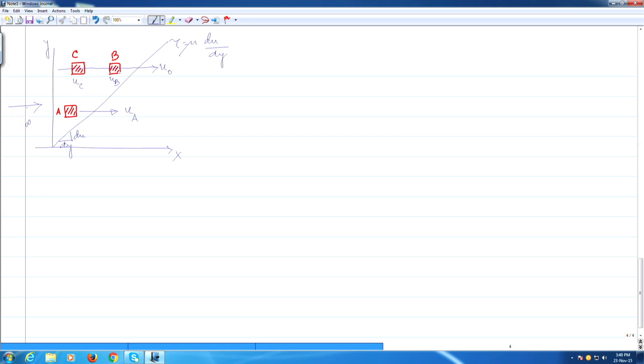You have a fluid element A, which moves with the velocity UA, and two more particles, UC and UB, where UC is equal to UB, which is equal to U naught.